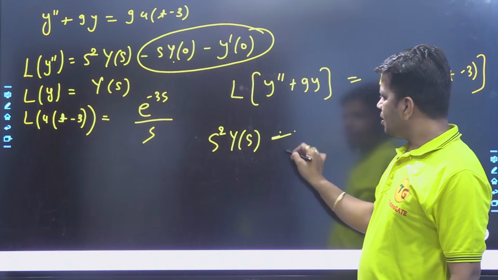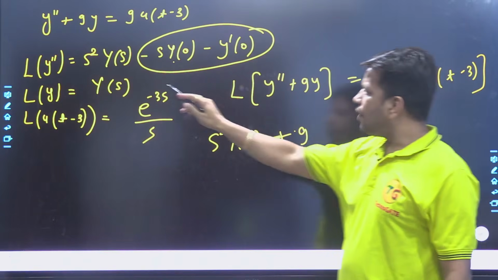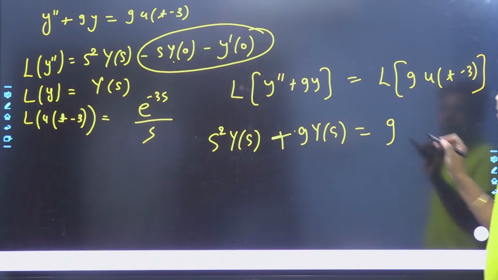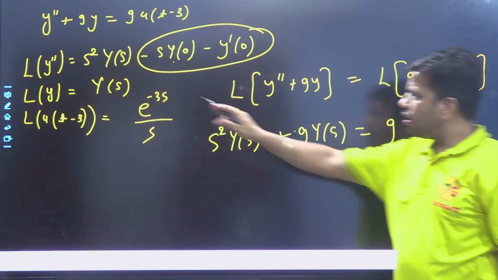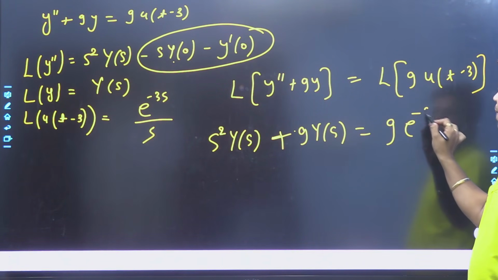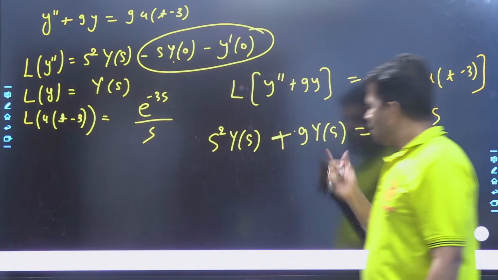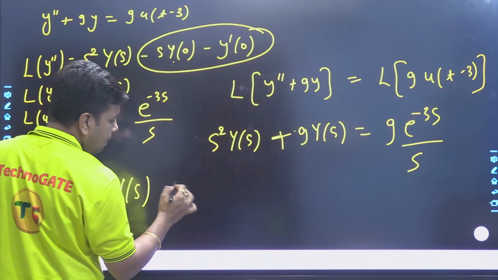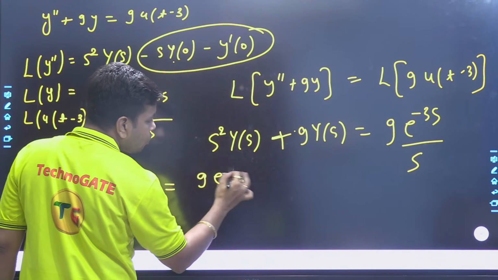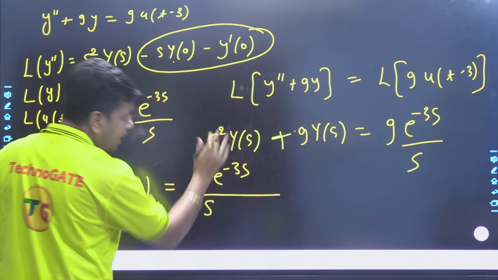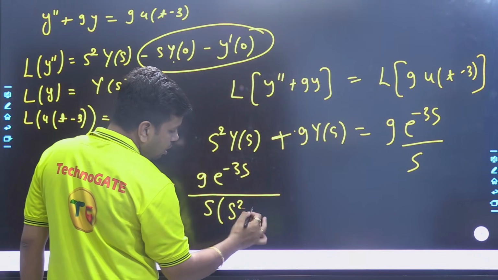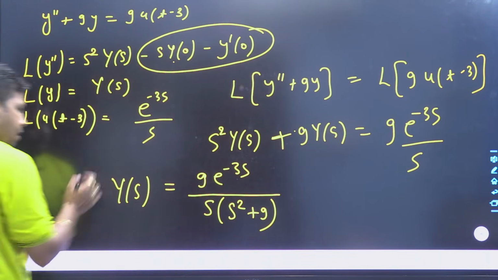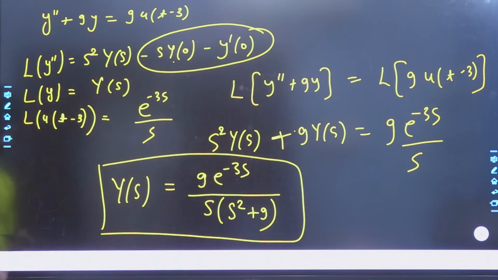Plus 9 times the Laplace of y, which is Y(s), is equal to 9 times the Laplace of the unit function, which is simply e to the power minus 3s upon s. So the function Y(s) is 9 e raised to minus 3s upon s. That would be your answer.